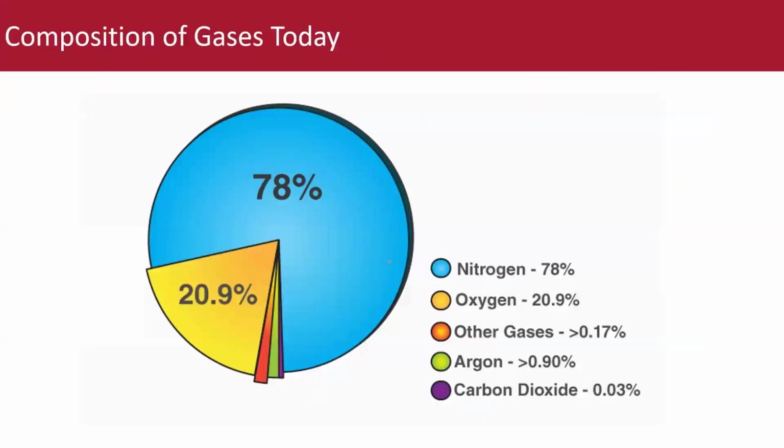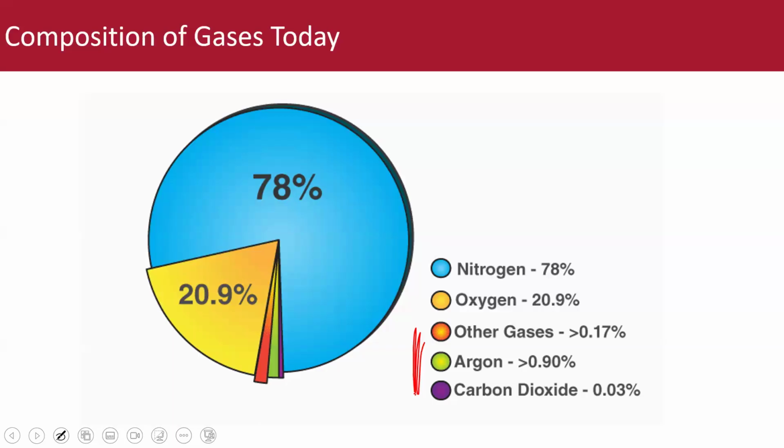There's good reasons why I've just talked about those, because we're now going to talk about the atmosphere. The atmosphere today is those percentages. In your exam, they might give you slightly different numbers, but they are generally there. Nitrogen, 78%. You're breathing that in right now. Oxygen, 20.9%, 21%. The other two main gases are argon and carbon dioxide.